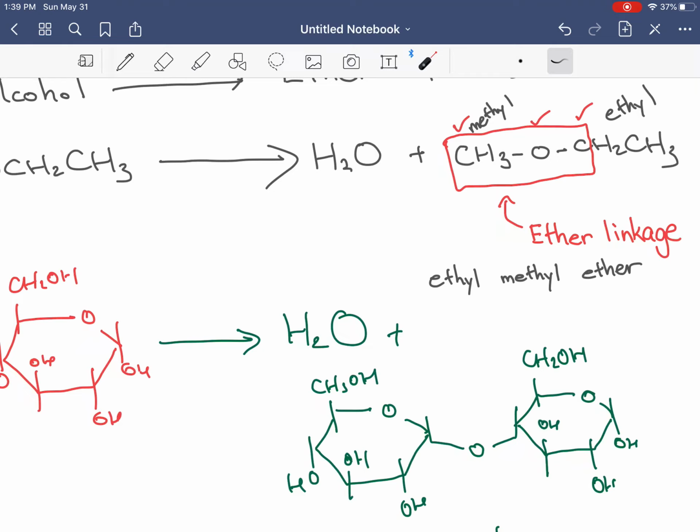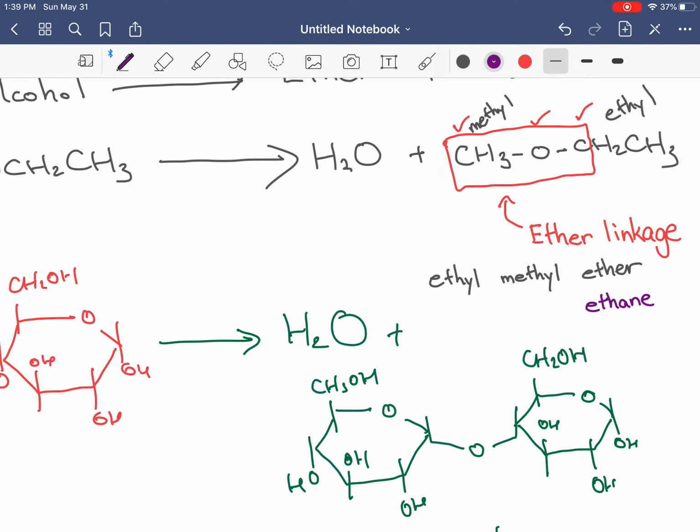Let me just mention this again. You look for your longest carbon-carbon chain. This is your longest carbon-carbon chain. This whole thing is a side group of this long carbon-carbon chain. So what that means is that your name will be ethane. This is an ethane.